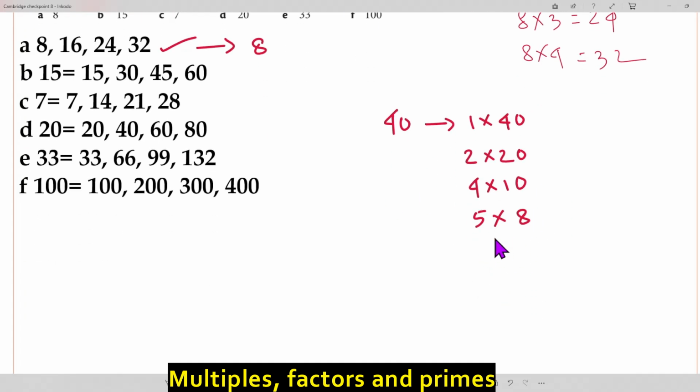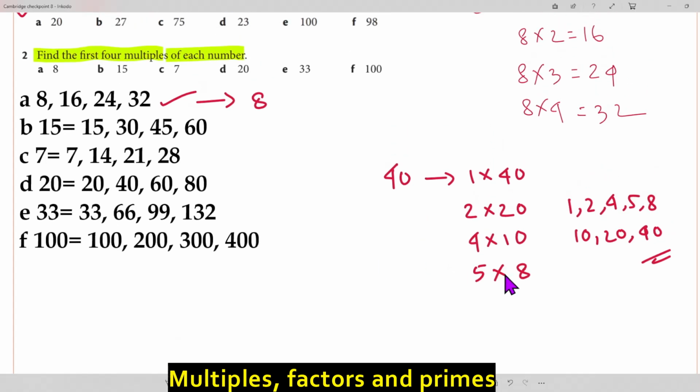Next is not possible. So here is 1, 2, 4, 5, 8, 10, 20 and 40. Okay, and if it says find out the first 5 multiples of, let's say, 9, it will be 9, 18, 27, then 36, and next what?